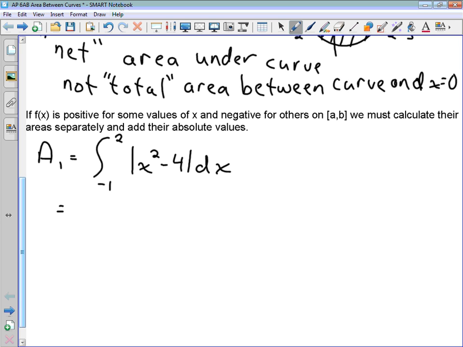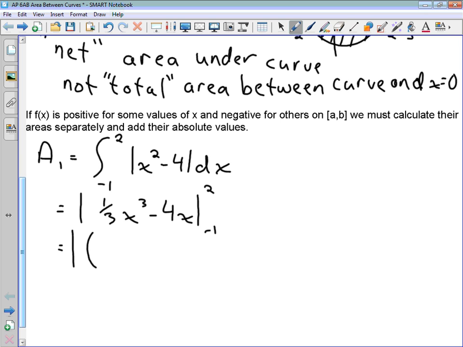So we are going to take our antiderivative here. We'll get 1/3 x cubed minus 4x. And we're going to evaluate this integral from, oh, sorry, I'm in the wrong place here. I want from 2 to -1. So again, we're going to take the absolute value of, first we evaluate our antiderivative at x equals 2.